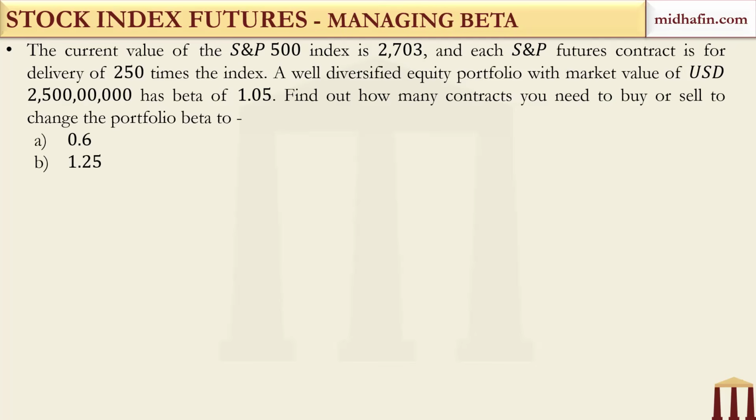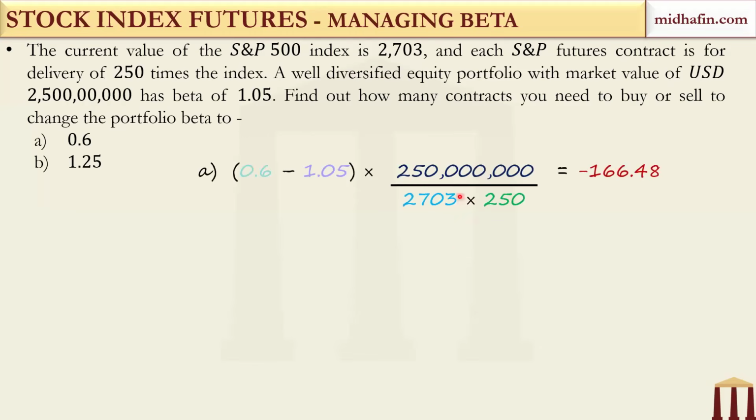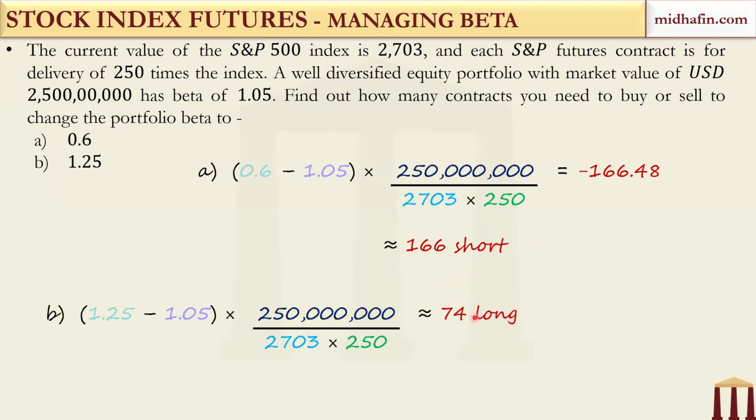One answer is incorrect. Only one answer is incorrect. Otherwise, all are correct. So for the first one, you are getting negative 166. It means you are shorting 166 contracts, right? For the second one, you are going long in 74 contracts.